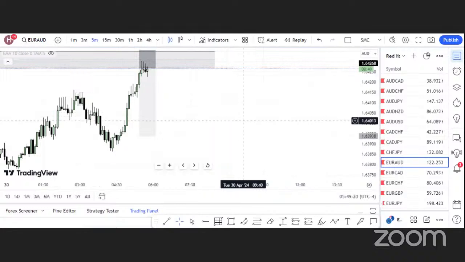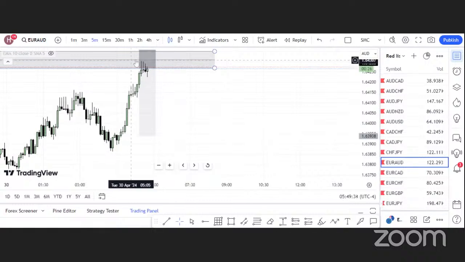Okay, a few more seconds to the end of this current candle. As I've said earlier, if by the end of the candle the market is closing above this level, we are closing the trade.